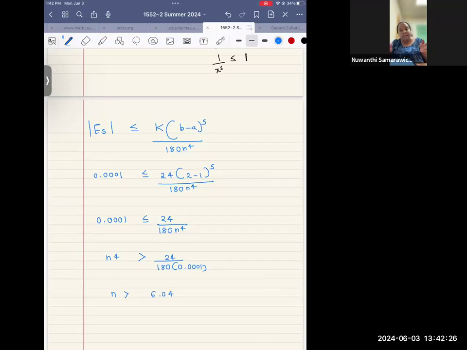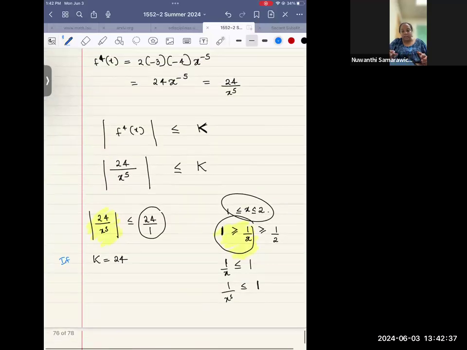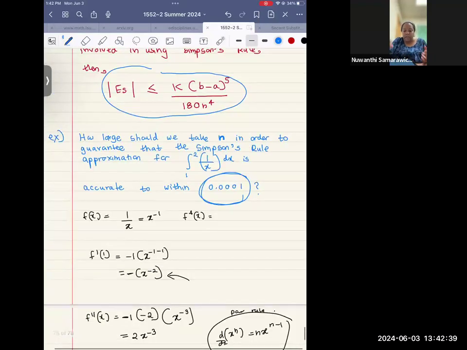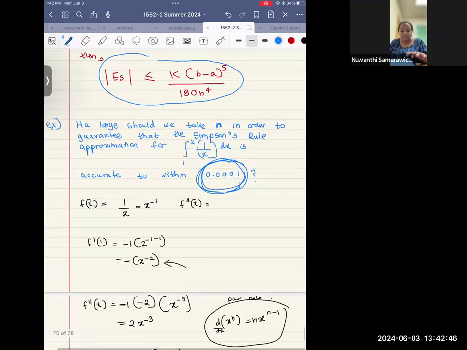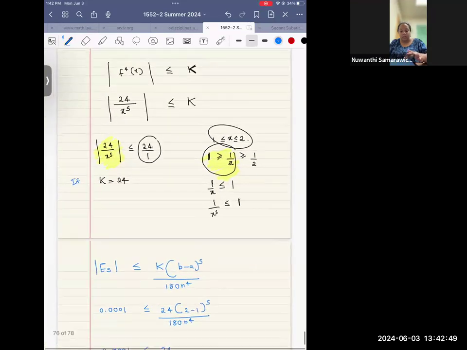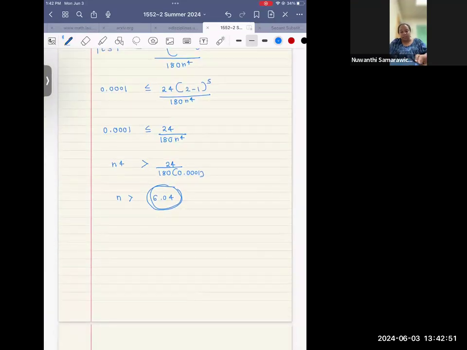So the idea is, if n is greater than this number, the error will be within 0.0001. That's the idea. So this is an example of how you use these error bounds of the trapezoidal rule or Simpson's rule.